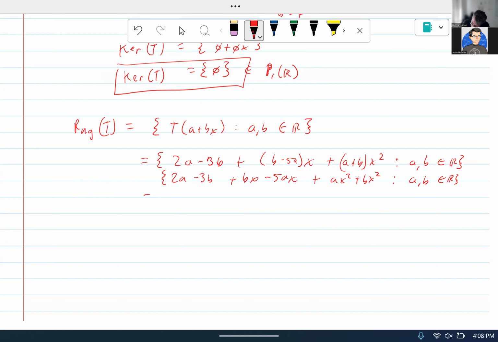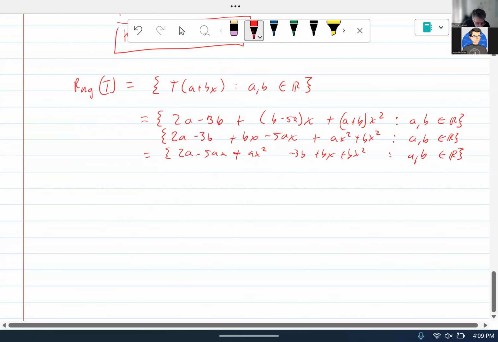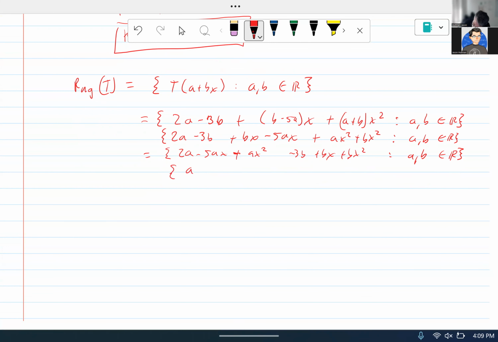Okay, and then this is going to be 2A minus 5AX plus AX squared, and then this is minus 3B plus BX squared, such that A and B are elements of R. Okay, so now I want to factor out my A. My A is going to be A times 2 minus 5X plus X squared.